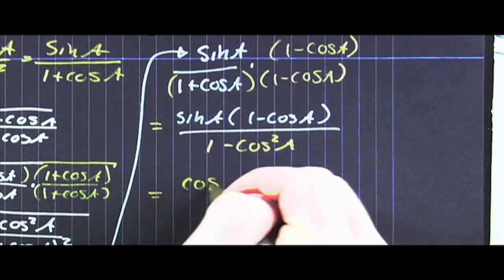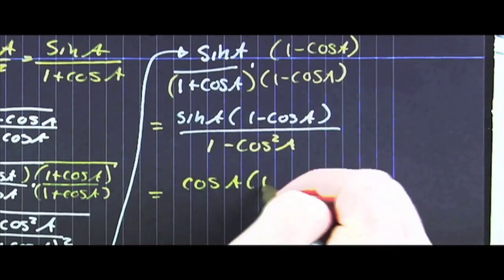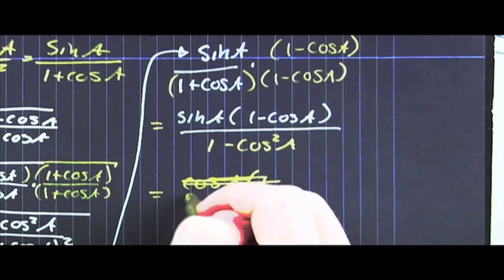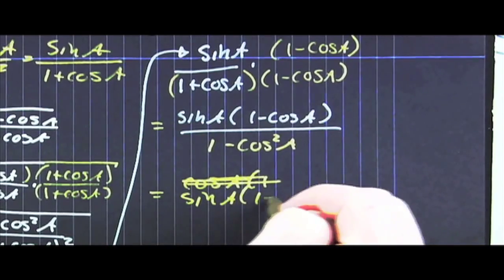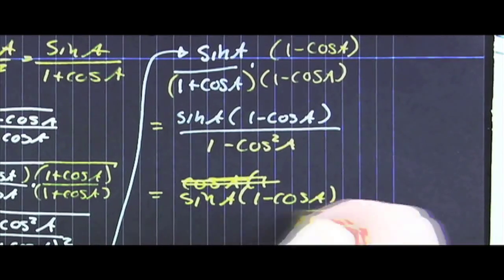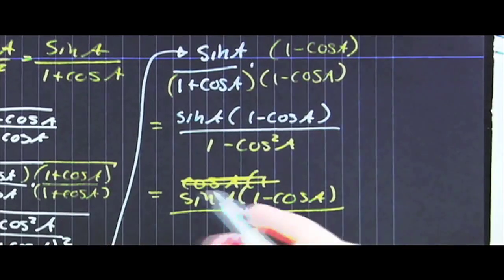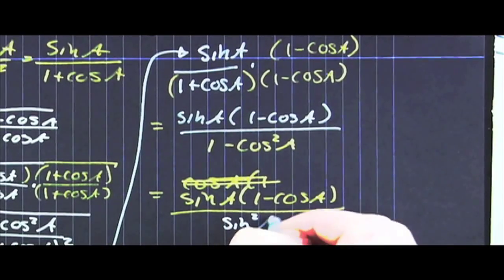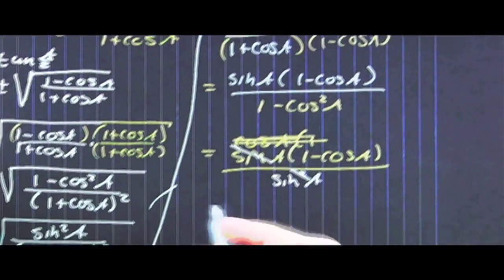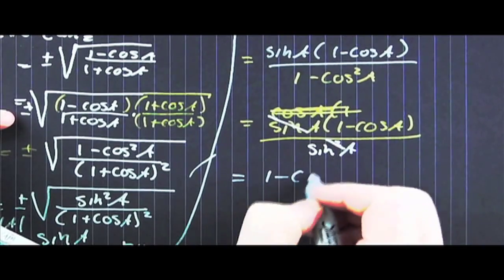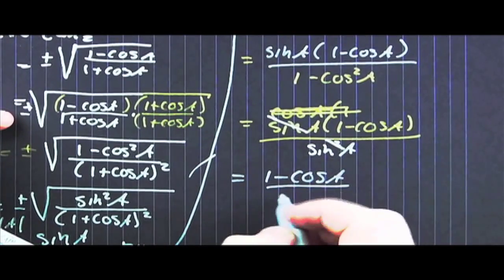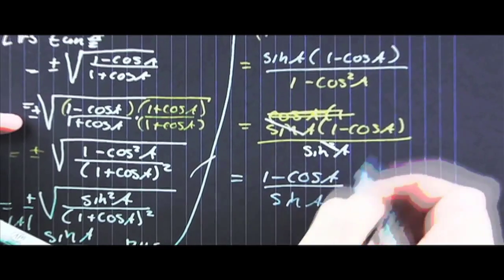Then, Pythagorean. Pythagorean. There it is. They reduce, and you are left with the other form. You've leveled up. Good job, Stu.